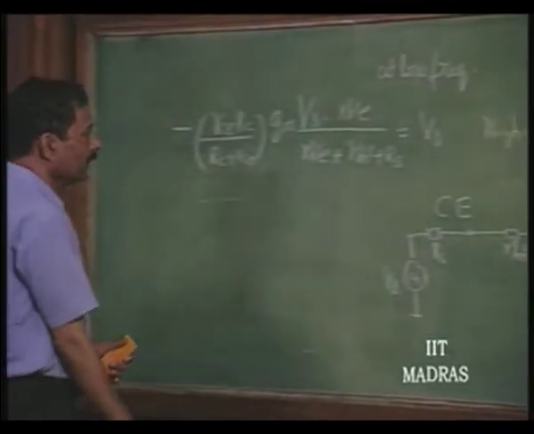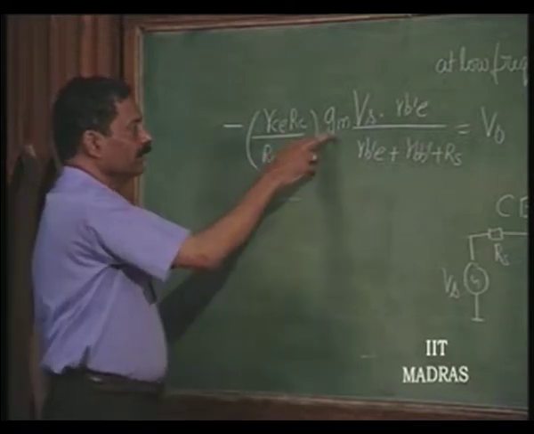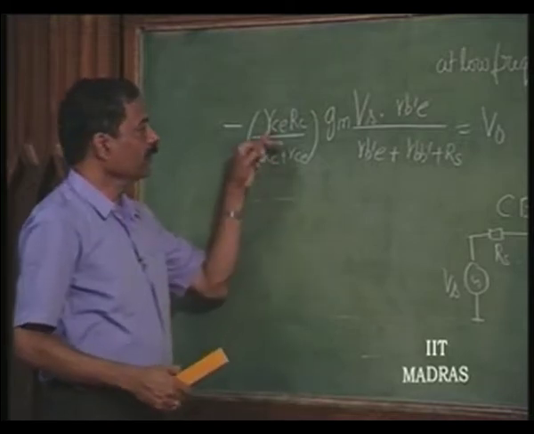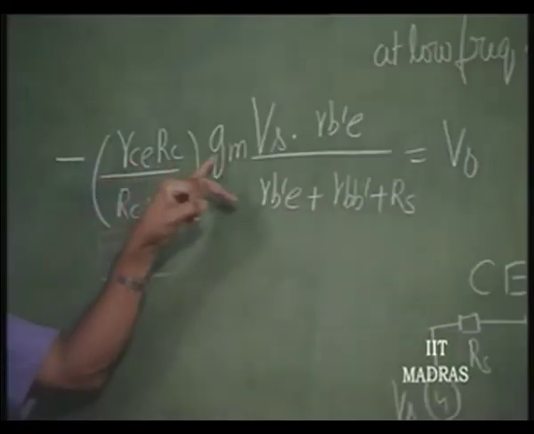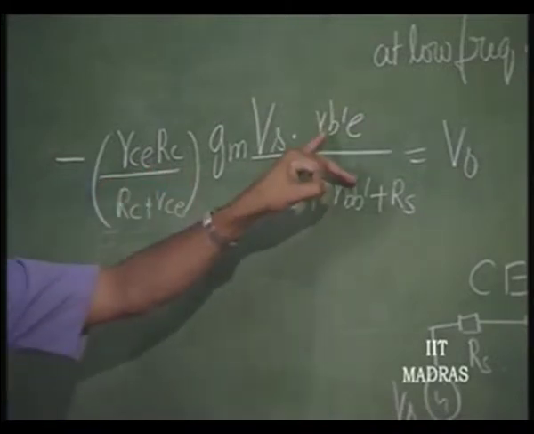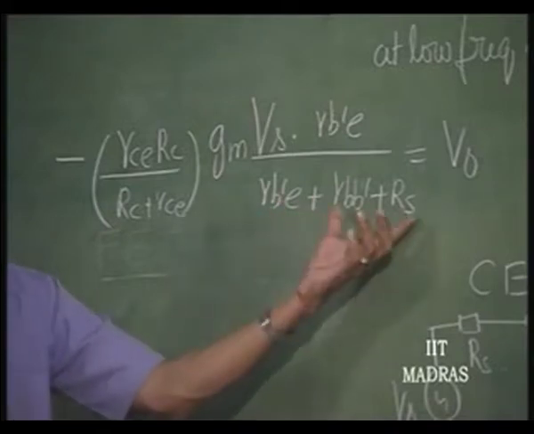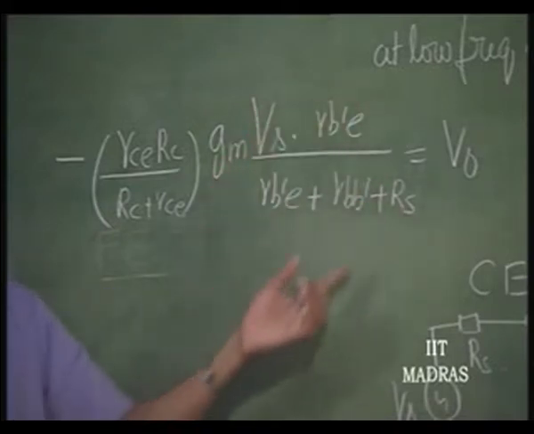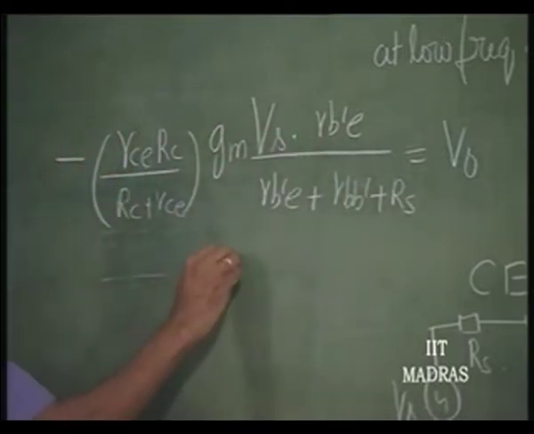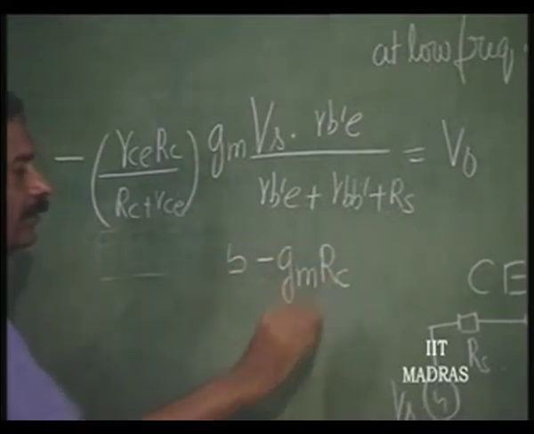So, you see that this is the low frequency gain. What is it? Gm RC. Actually, if RCE is very high compared to RC, it will be Gm RC. Okay. And here it is RB dash E divided by RB dash E plus RBB dash plus RS. If this is very small, this again is going to be very nearly equal to 1, and essentially the gain is going to be minus Gm into RC.